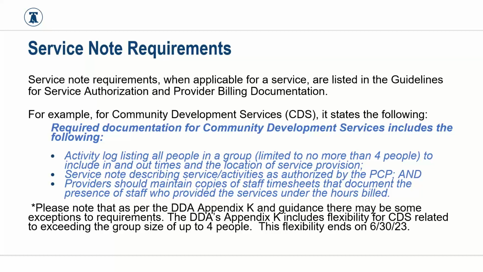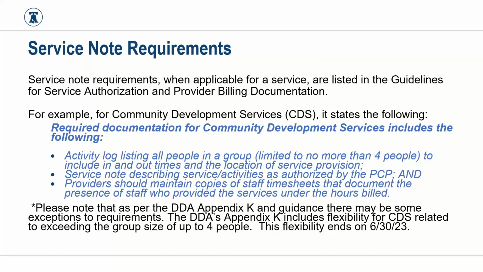The DDA's Appendix K for this service, CDS, includes the flexibility to exceed the group size up to 4 people. So these would be considered, as Liberty is doing their work, to look at the Appendix K flexibilities, exceptions to any of the rules.